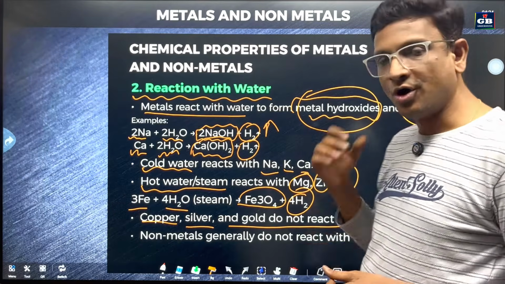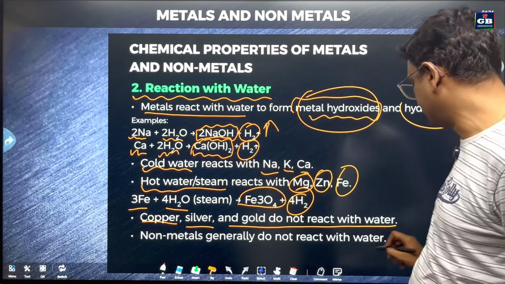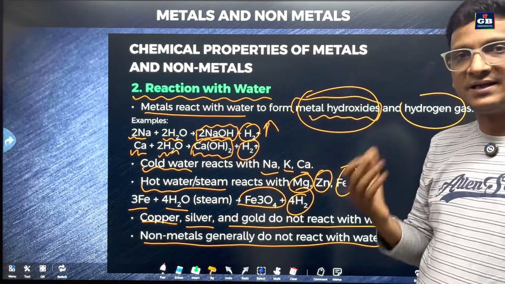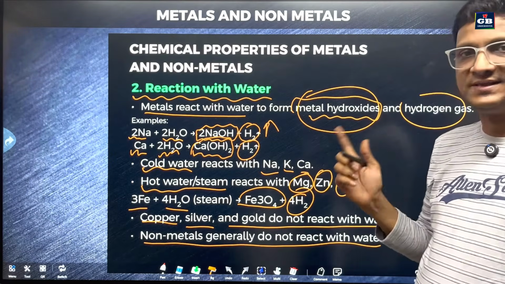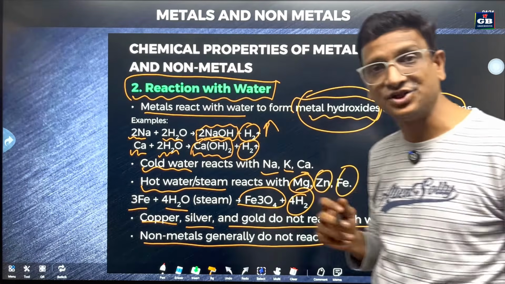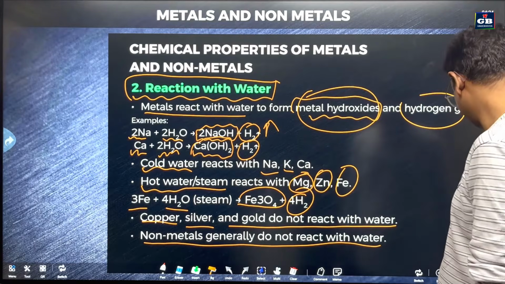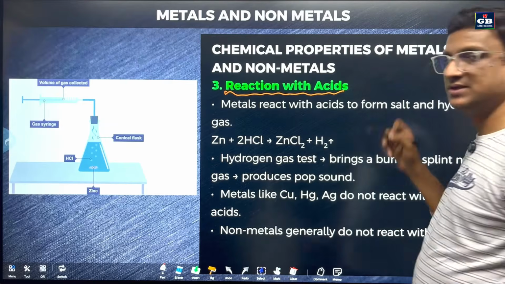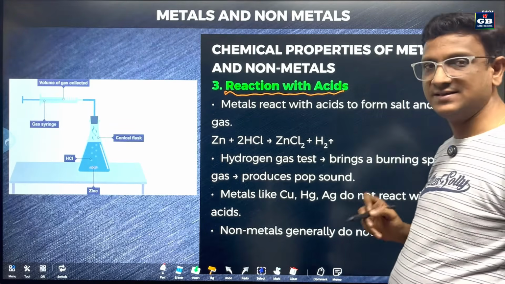Okay. So non-metals usually do not react with water. But metals are reacting with water. So the second chemical property, reaction with water, we have seen. The first one is reaction with oxygen. Next, reaction with acids. We have seen with oxygen, with water, now with acids.